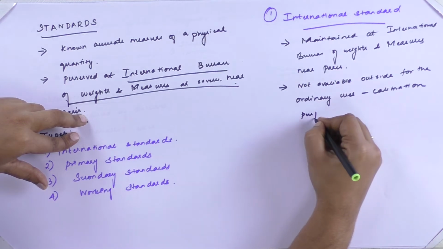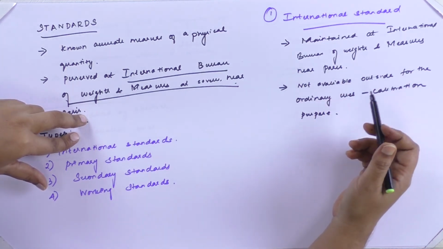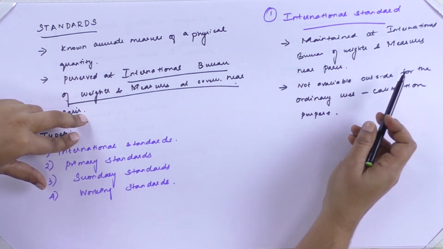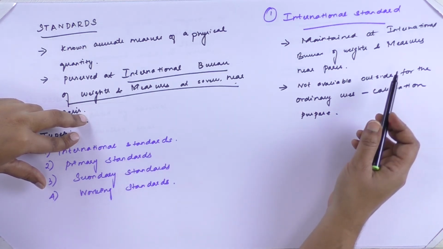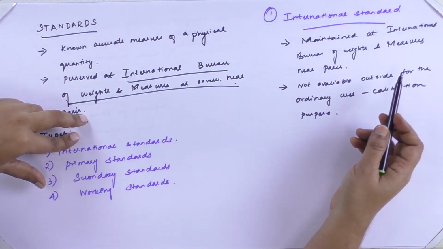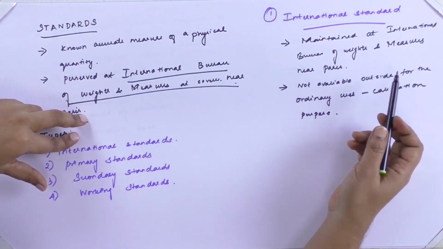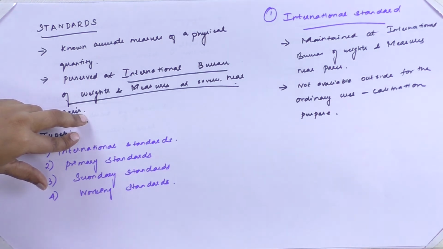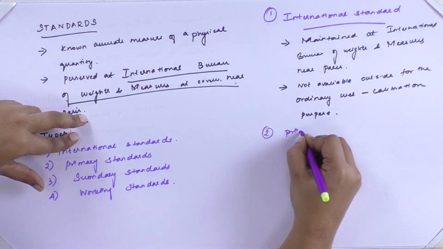These standards are not available outside the International Standard Laboratory for calibration purposes. These are maintained at the International Bureau of Weights and Measures near Paris, and frequently they are evaluated against the absolute standards. So, the absolute standards are a higher standard than the international standard. The second type of standard is primary standards.